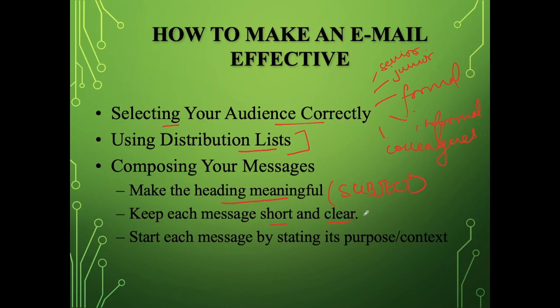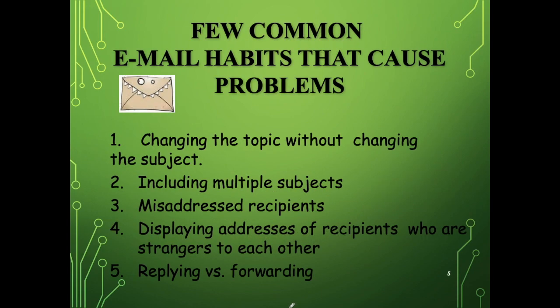What you must do instead is keep the email short and to the point, and use attachments that explain the details of your message. And lastly, you can start each message by stating its purpose or context. That helps the recipient understand exactly what the entire thing is about. The idea is to make communication more effective, so you always state the purpose very clearly.